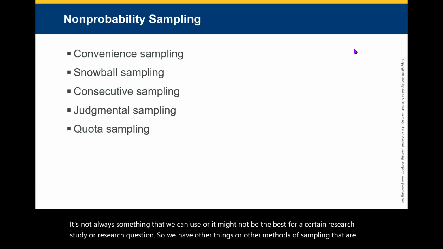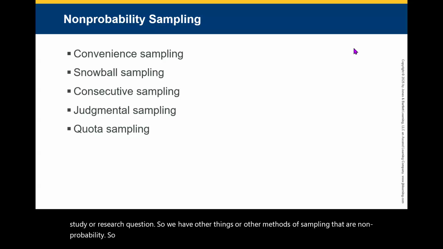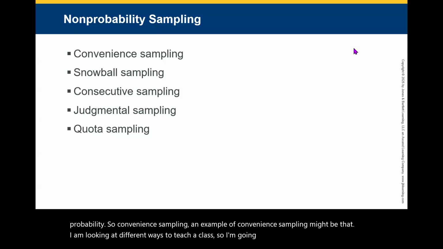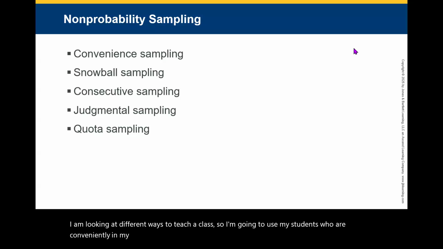So convenience sampling, an example of convenience sampling might be that I am looking at different ways to teach a class. So I'm going to use my students who are conveniently in my class as my sample group.